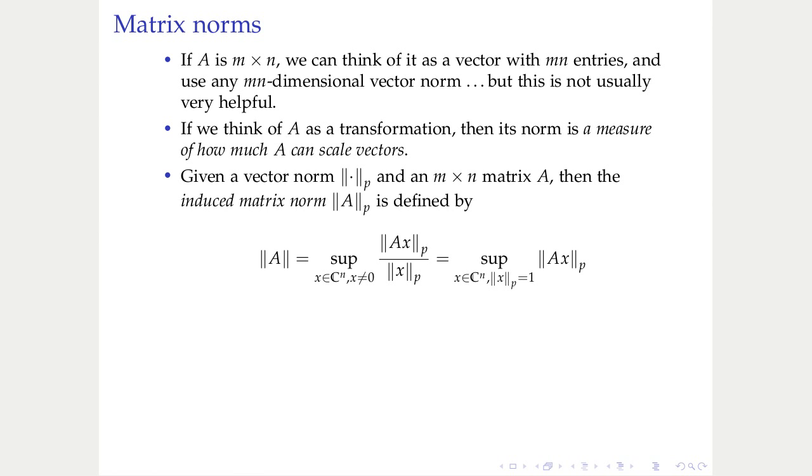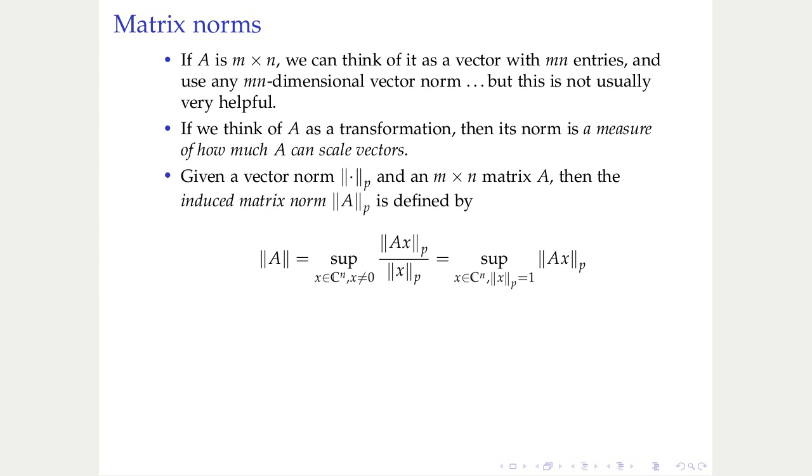So one way we can define a norm is to say what is the largest scale factor we can get out of our matrix by choosing an appropriate x. What x can we choose that will be scaled the most to get us a y? And that number, that maximum scaling factor, is called an induced matrix norm, and it's a valid norm of the matrix A. Okay, so here's a slightly more technical definition.